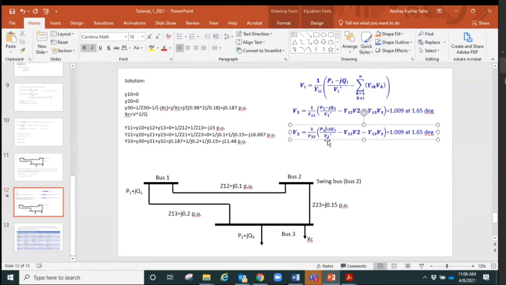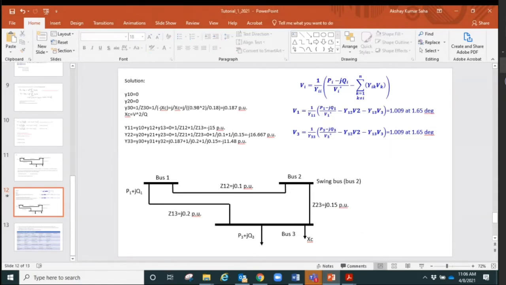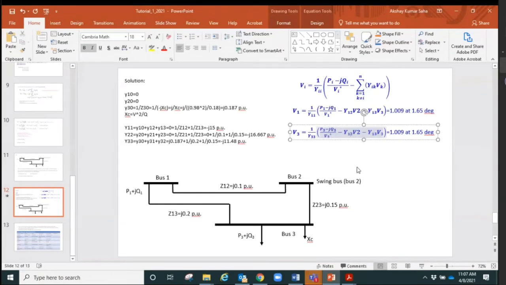This one will be P3 minus jQ3 over V3 conjugate, and then we look for whether i is equal to k or not. So Y3k, i is equal to 3 here.